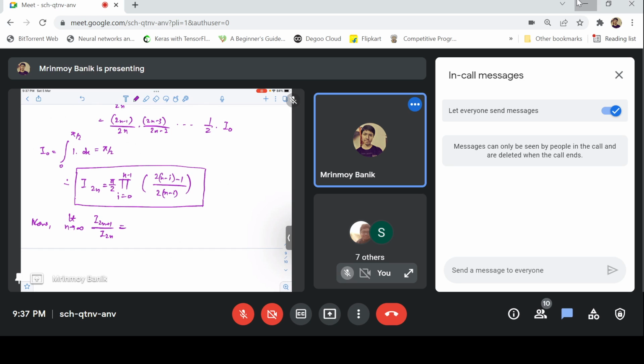Distributing the limits, it's 2 pi plus the limit n tends to infinity of L squared, where L is n factorial by e power minus n times n power n plus half, whole squared.